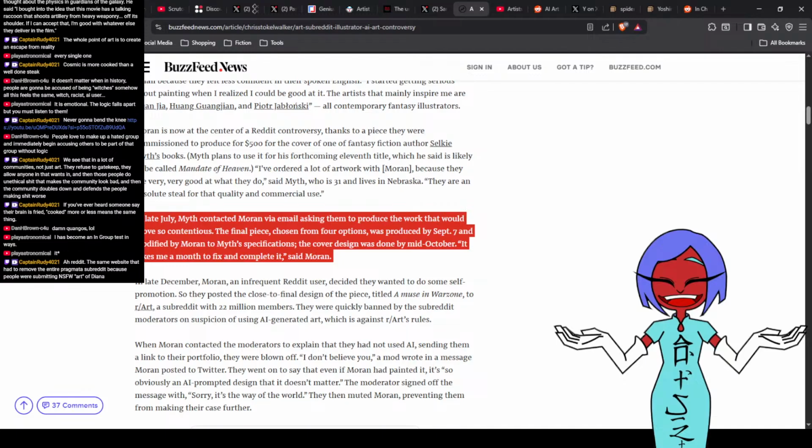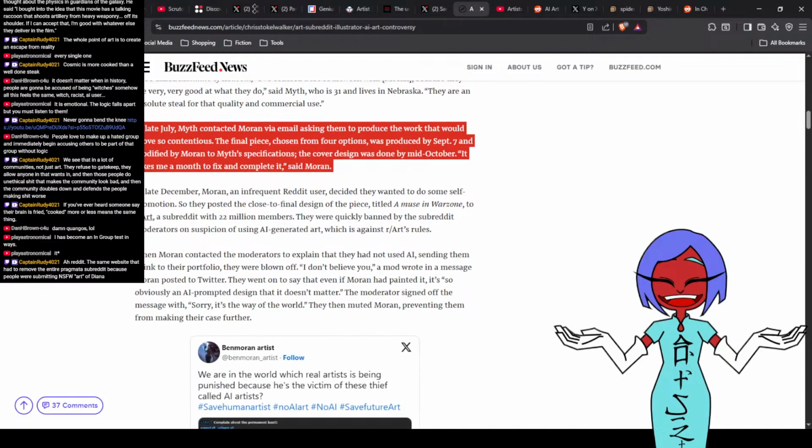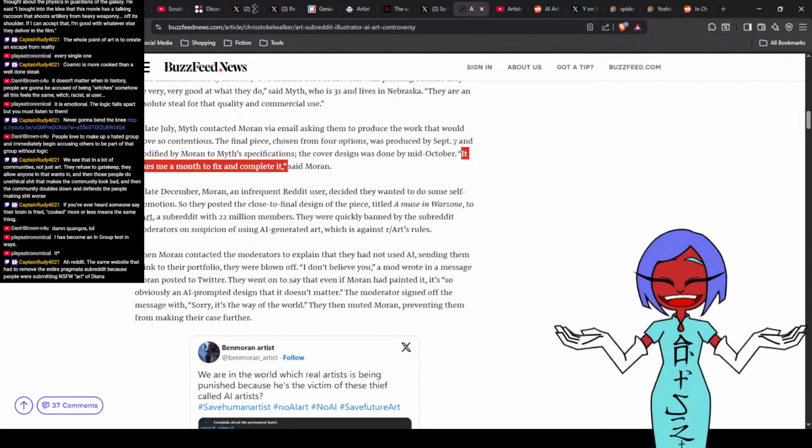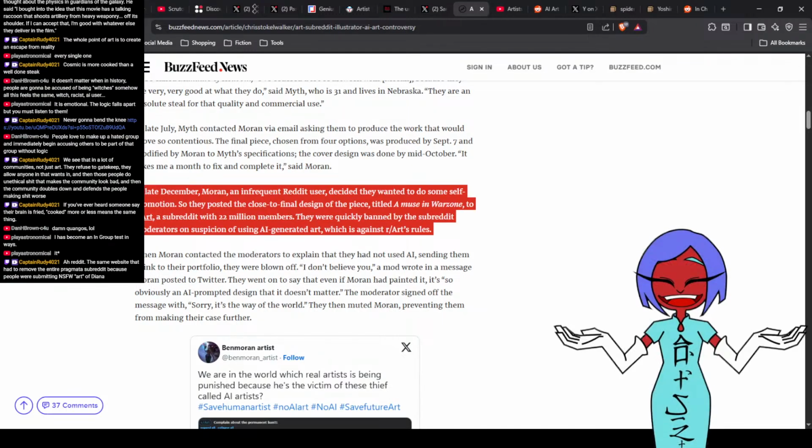The cover design was done by mid-October. It takes me a month to fix and complete, said Moran. And here, again, actually gave a timeline and actually did it on time. Oh my god. In late December, Moran, an infrequent Reddit user, decided they wanted to do some self-promotion, so they posted the close to final design of the piece, titled A Muse in a Warzone, to r/art, a subreddit with 22 million members.